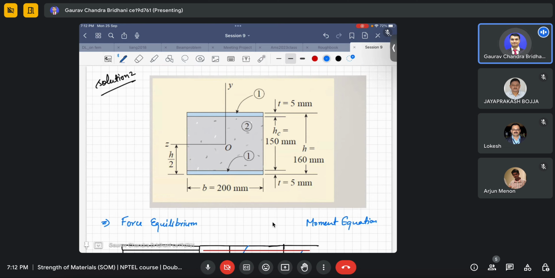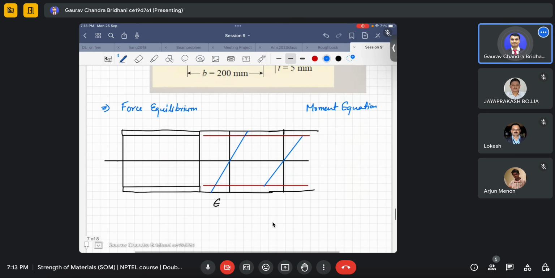Intuitively we can say that because the Young's modulus of plastic is lower than that of aluminum, obviously the plastic is going to take a lesser amount of load compared to the aluminum. So it will generate less stress compared to aluminum. Hence the variation will be something like this, and then there will be a sudden increase in the stress at this interface, and then it will also vary linearly like this, and similar thing will happen at this end.